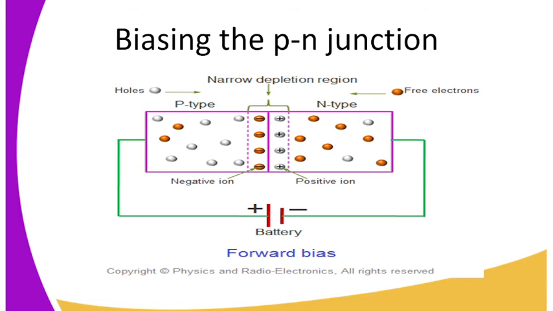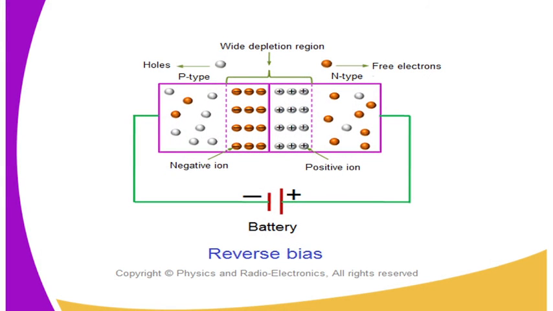Next, we have reverse bias. The PN junction is reverse biased when the P region is connected to the negative terminal, while the N region is connected to the positive terminal of a cell or a battery. The external voltage of the battery is in the same direction as the potential barrier. So what happens?